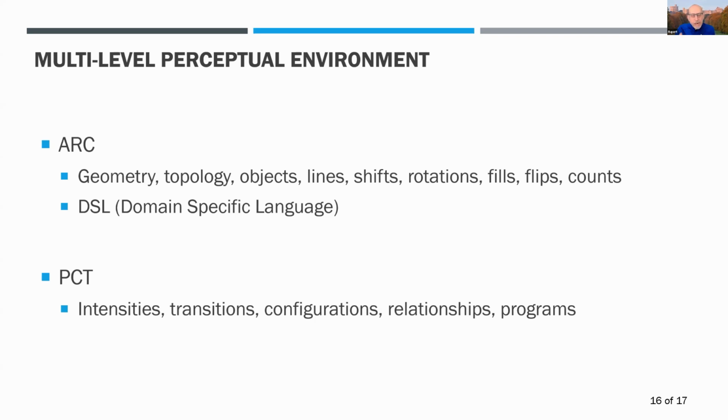This is a set of pre-programmed functions that picks out or extracts these objects and lines, etc., from the grids, and then they're applying a more traditional search approach, which I don't really think is going to get you to artificial general intelligence, even if that's a valid way of looking at it.